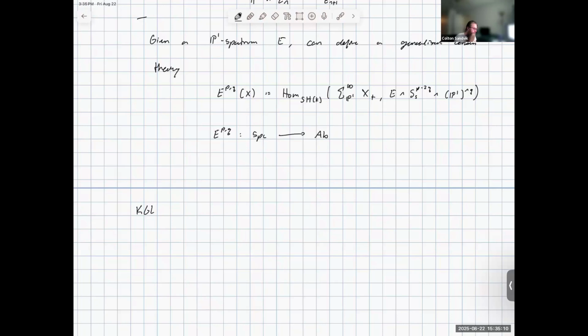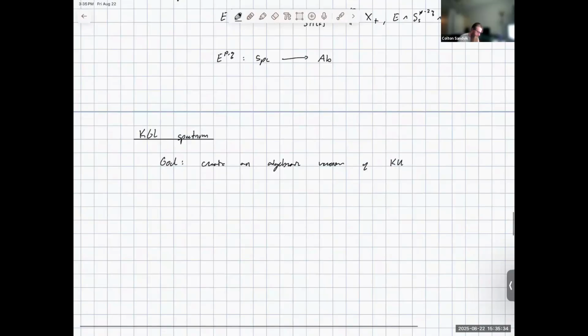Okay. So the goal now is to come up with an algebraic version of this KU spectrum from topological K theory. We can define BGL_N.